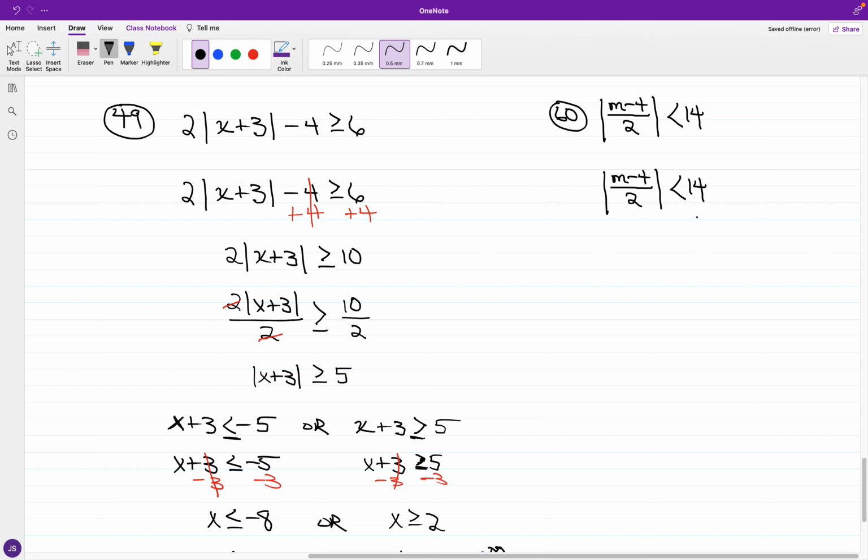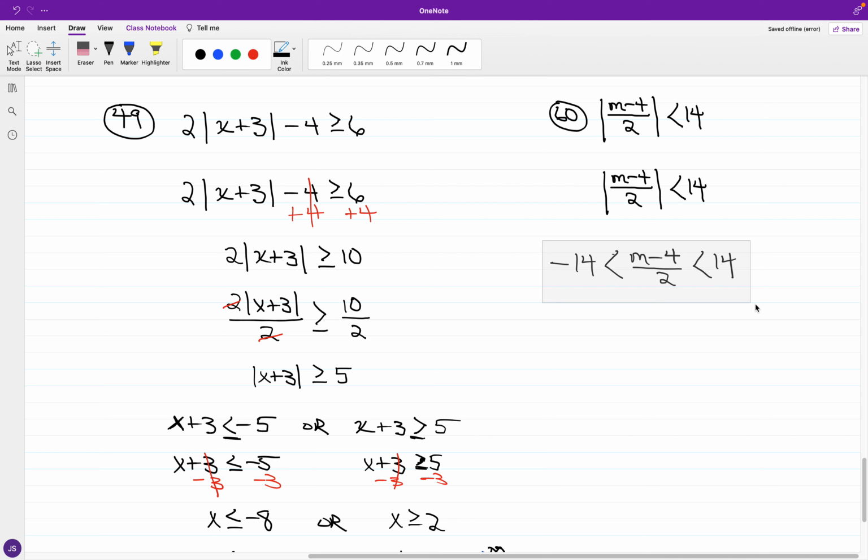It is less than k, where k is 14. So with the nature of the inequality, upon removal of the absolute value notation, I can set this up in the format of negative k is less than x is less than k. In this realm, I want to have negative 14 is less than m minus 4 over 2 in turn is less than 14.